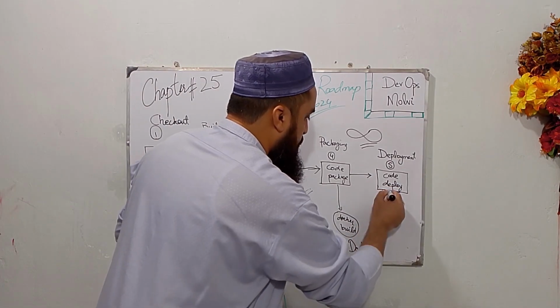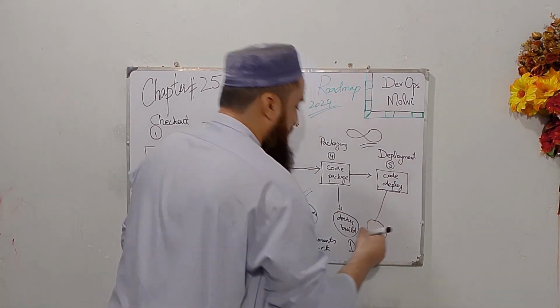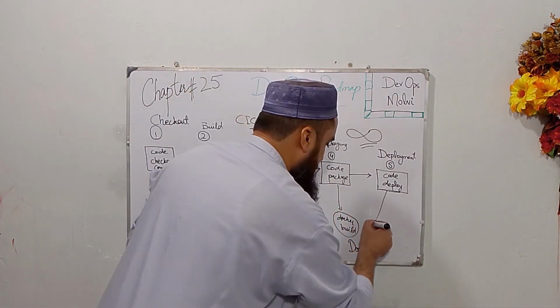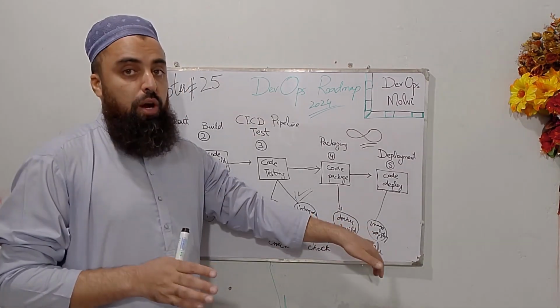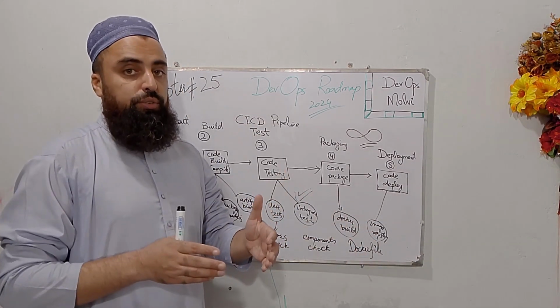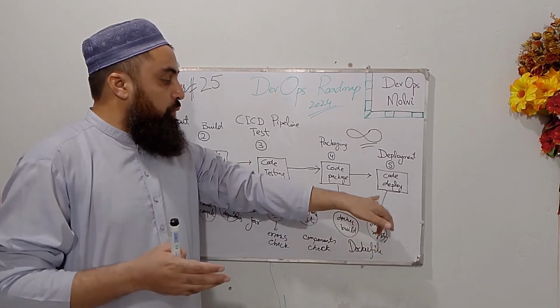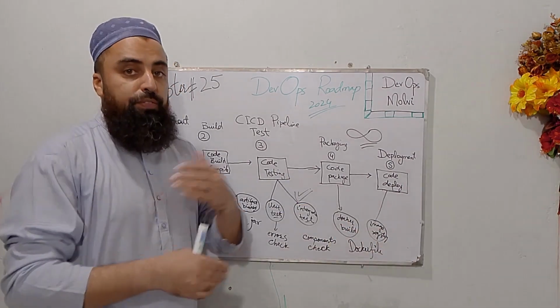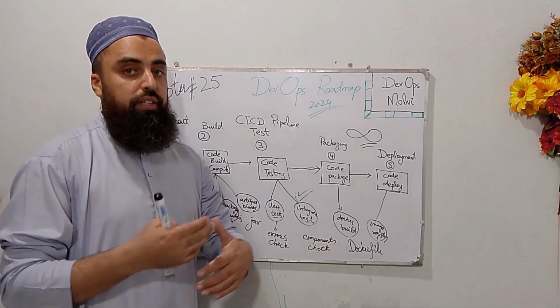Now, in order to better understand the code deployment, let me subdivide it into three mini stages. The first stage is the image registry. Guys, I hope that you know about Docker Hub, Elastic Container Registry, Azure Container Registry, image registries, which contain the fresh or updated version of our Docker images.